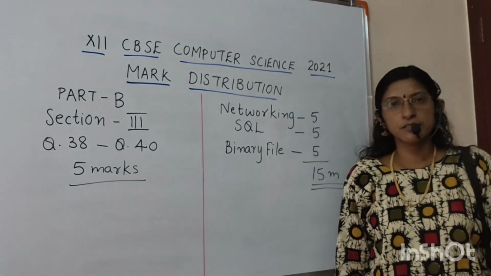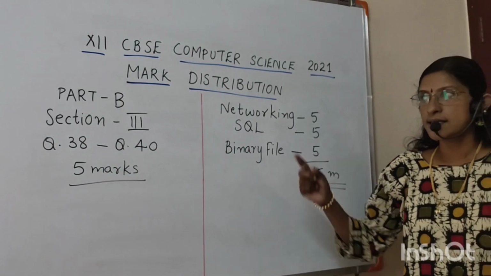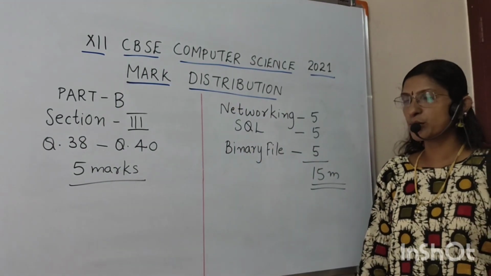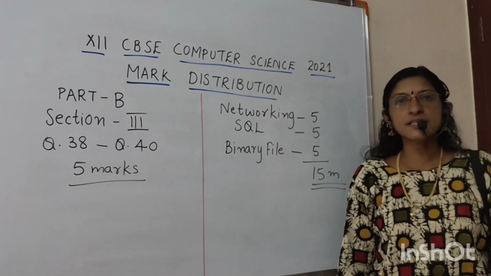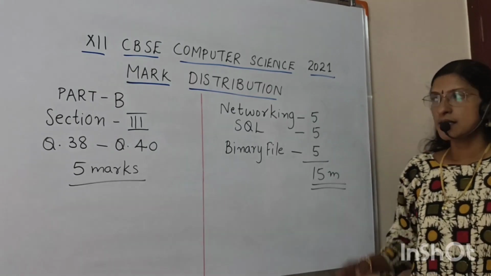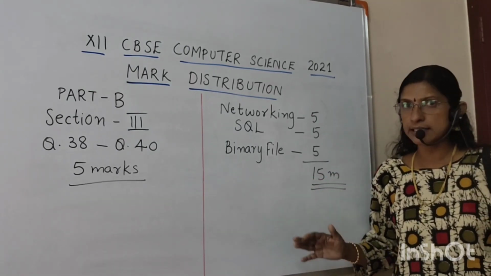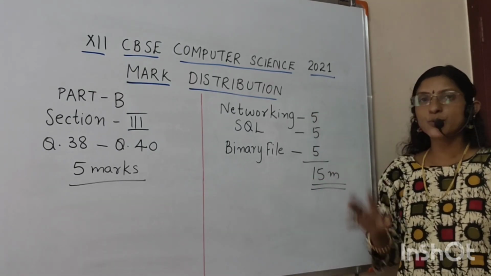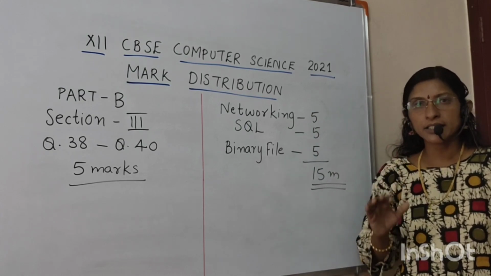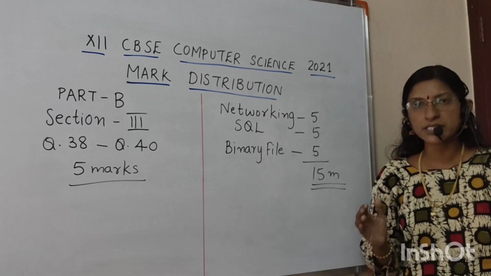The last section in the question paper is Section 3 of Part B. In this section, question number 38 to question number 40, each question carries 5 marks. The topics covered in this section: from networking, there will be an application based question, and we have to answer the sub-questions asked.